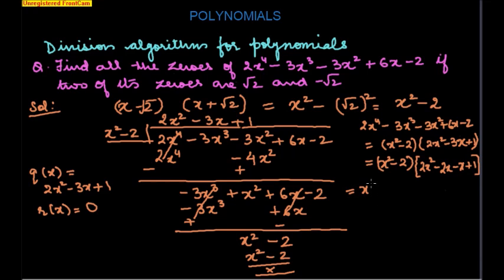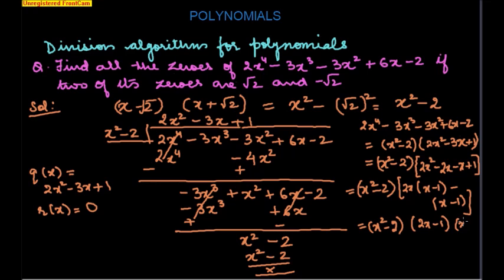Now we take 2x common out of the first two and I am left with x minus 1. Minus out of the last two I take minus common and I am left with x minus 1. Now x square minus 2 again remains as it is and you get 2x minus 1 into x minus 1.